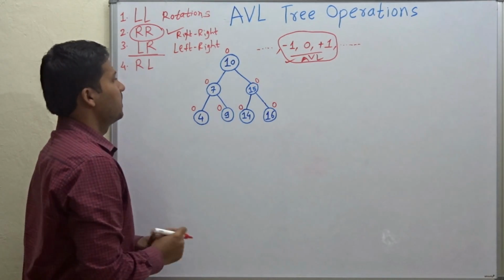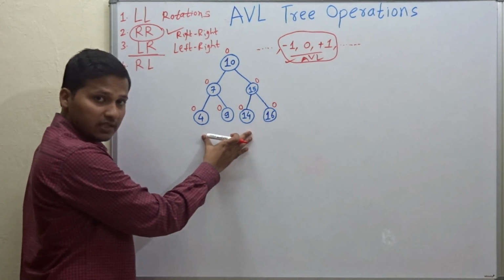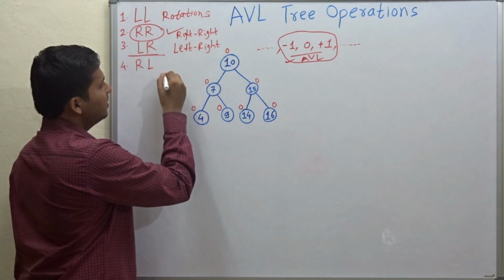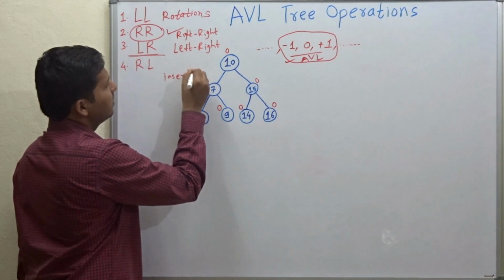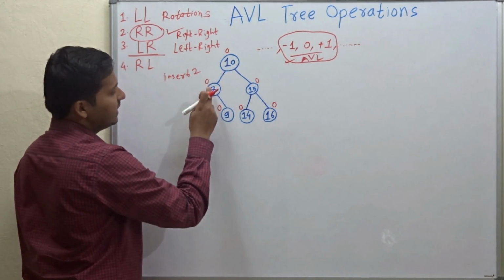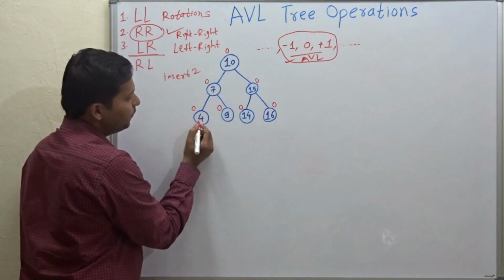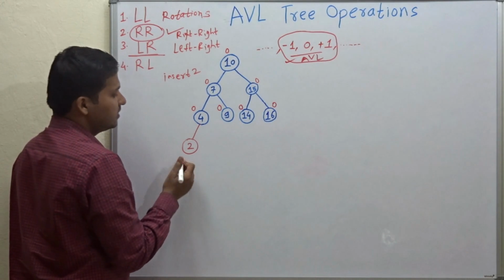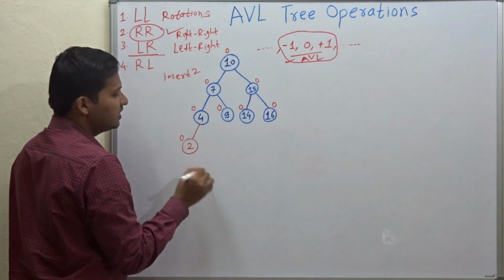Okay. Now see here, this is the binary search tree which is also an AVL tree. Now insert element 2 in this binary search tree. So 2 is less than 10, less than 7, less than 4. Okay. Check the balance factors. For 2 the balance factor is 0.